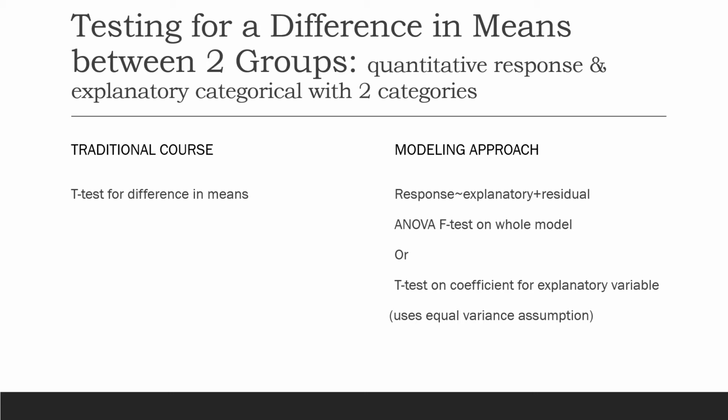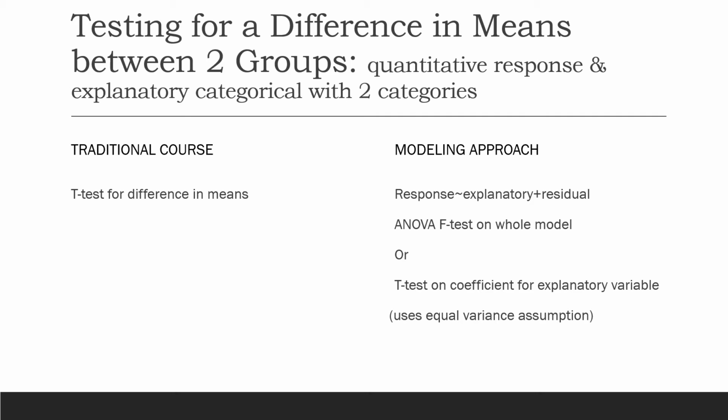So for example, if we are thinking about testing for a difference in means between two groups, and we'd been doing this when we have a quantitative response variable and an explanatory variable that's categorical with two categories, in a traditional course, you would see this as a t-test for a difference in means.